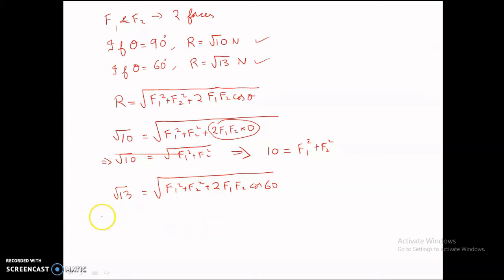Here also, on squaring both sides, we can write 13 equal to F1 square plus F2 square plus 2 into F1 F2 into cos 60 is 0.5.